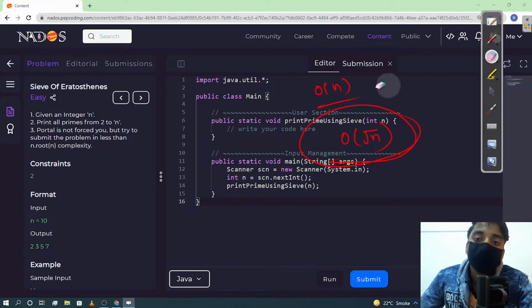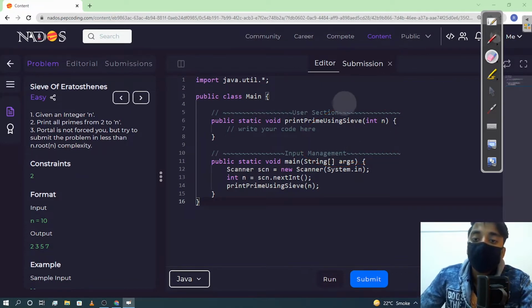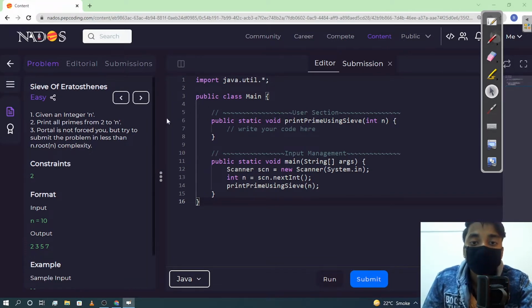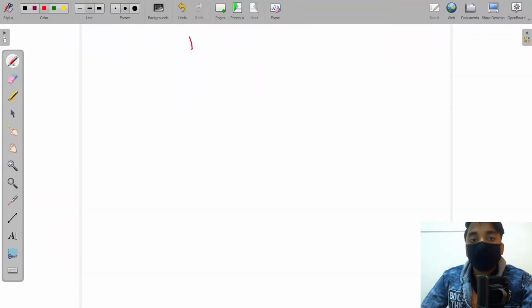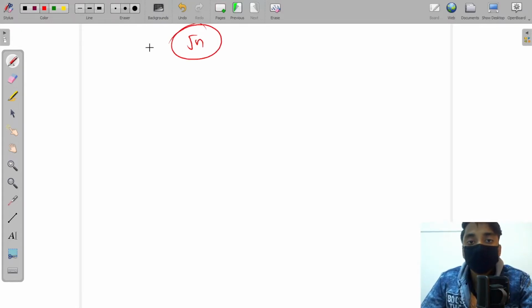Now we will do this problem in less than n under root n, because we have n numbers from 2 to n, and for finding whether each number is a prime or not, it will take under root n time, and we have n numbers.